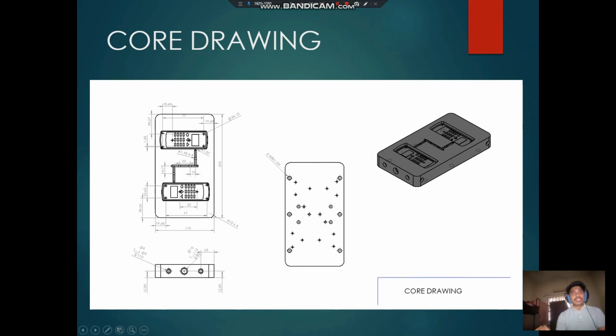There are 16 holes for injector pin, 4 for diameter 3.9 injector pin, and 12 holes for diameter 3 injector pin. For this core, there are 2 products and a runner and gate, and in the core there are also cooling system holes.